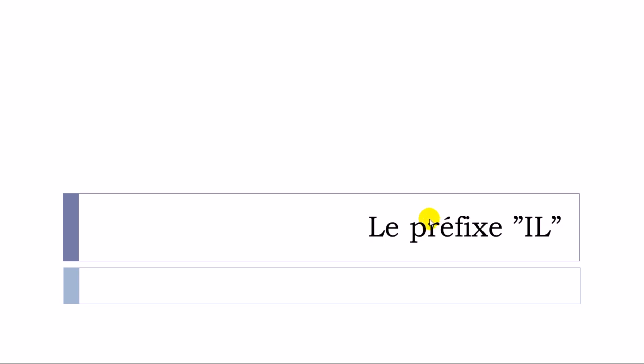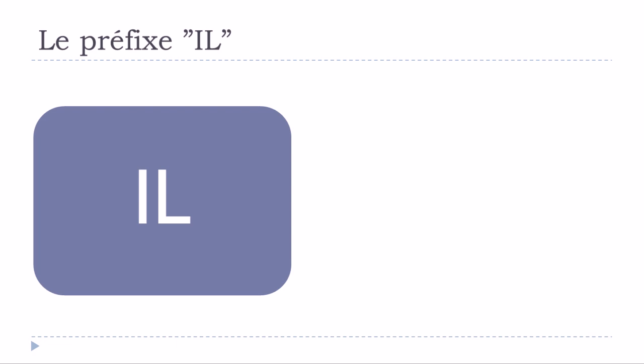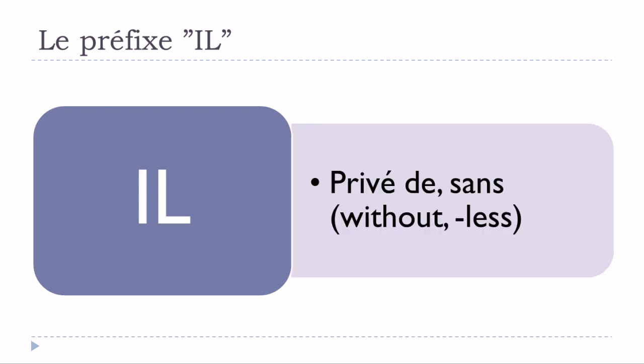Okay, and that will be the case with this prefix il. Normally this il prefix means privé de, sans. This is actually what it means in English, so without, or less. Okay, so that will be the meaning of this il prefix.